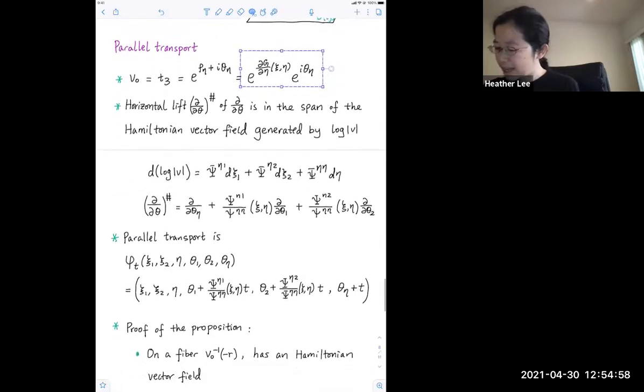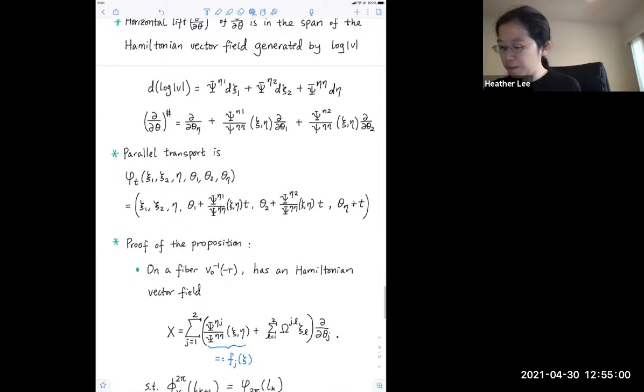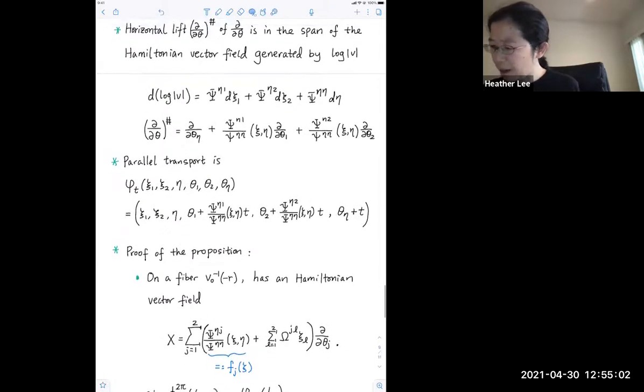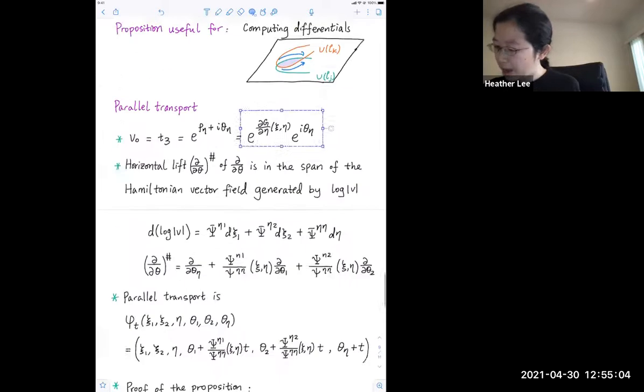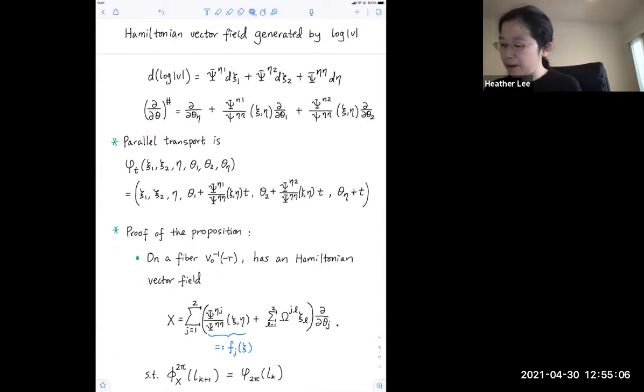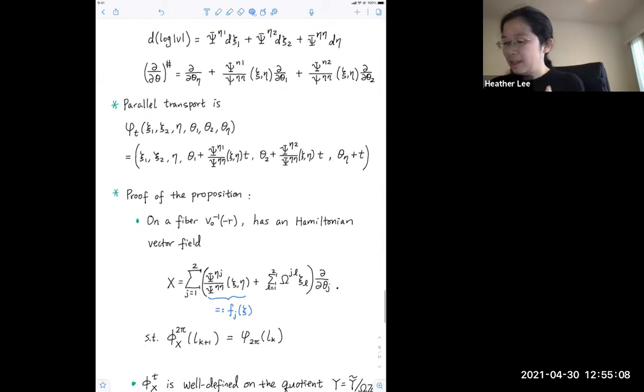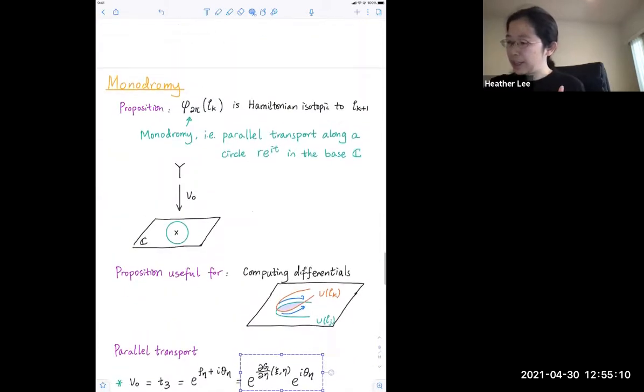And now to prove the proposition that we said earlier, we have that on a fiber, a Hamiltonian vector field such that the flow of that Hamiltonian vector field is going to take this to this one.